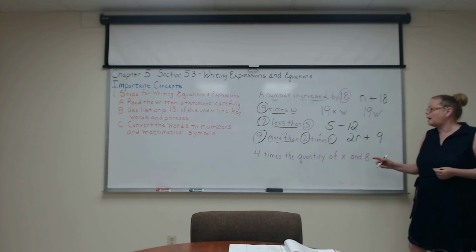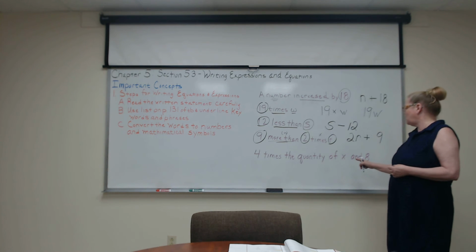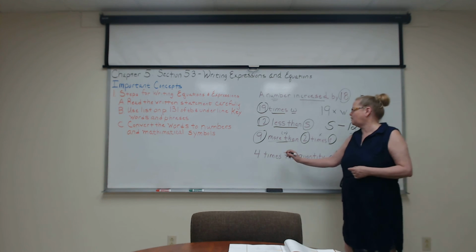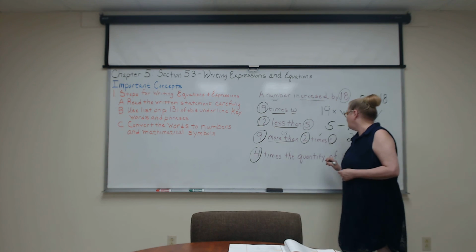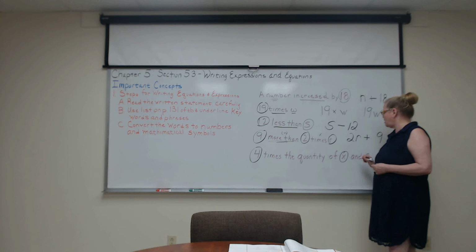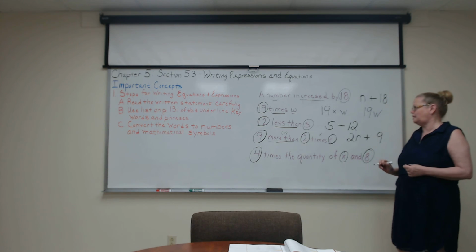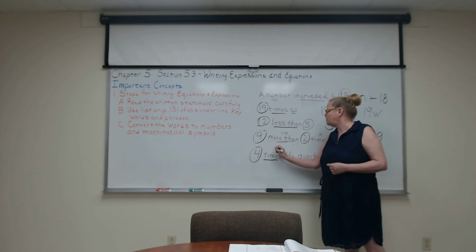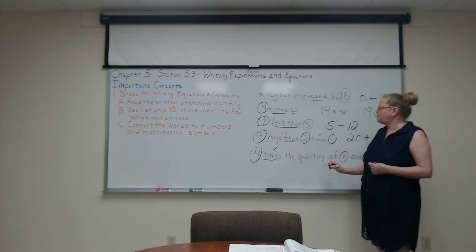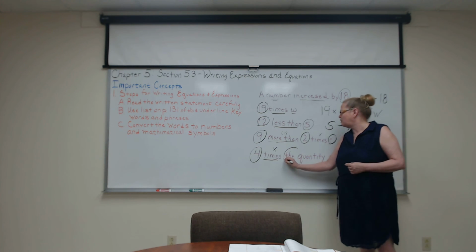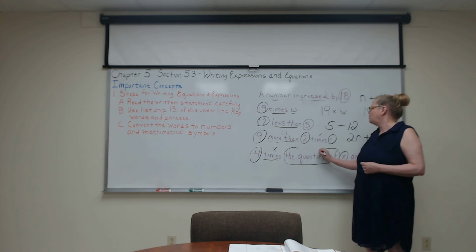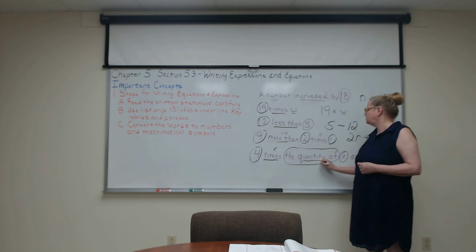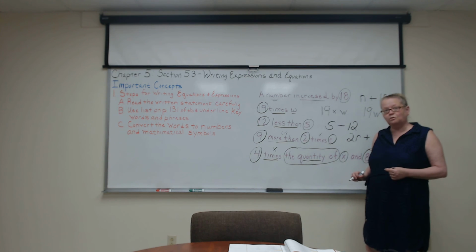And let's look at our last one. We have 4 times the quantity of x and 8. So we have our number 4, we have our x, our unknown, and we have 8. One of the things this is telling us, times gives us our multiplication. But then we have this phrase, the quantity of. Quantity representing total.